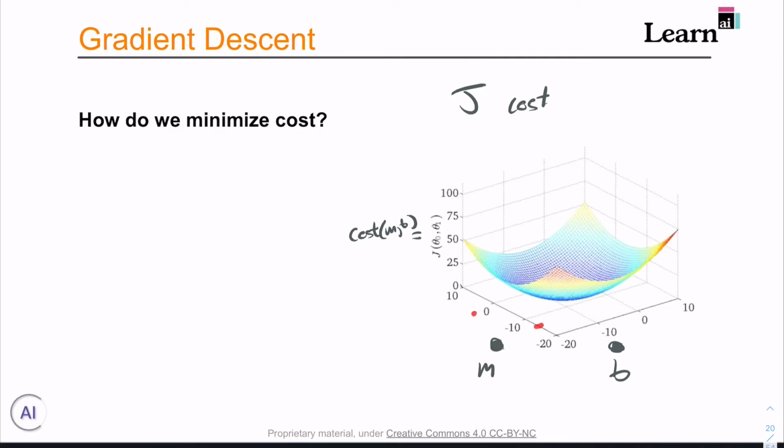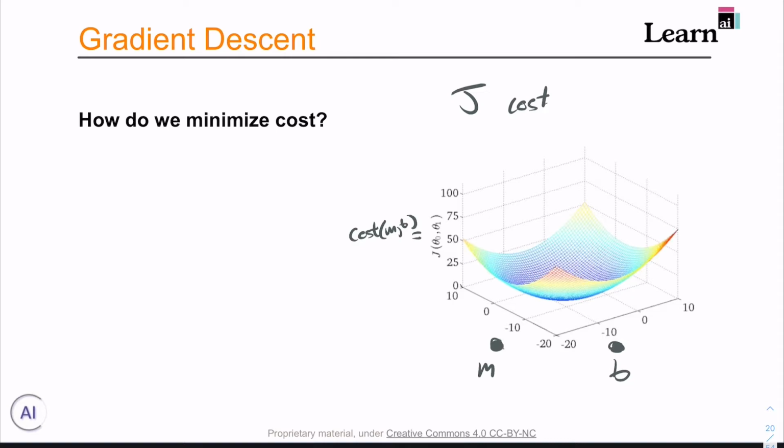Any point on this represents a line, and then you just project it up, you add the cost of that line, and you get the surface. So what we're visualizing here is the cost surface. It's often called a loss curve, but it really is a cost curve of all of the lines in our problem.